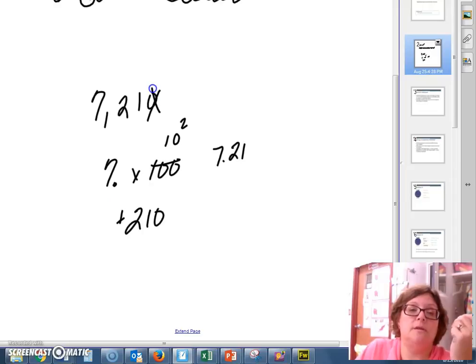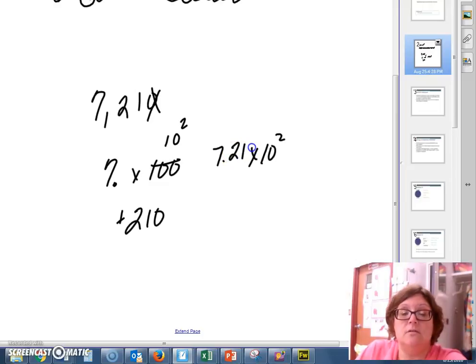And we can drop this because we just learned about significant figures. There's no decimal present, so we drop that. So it'd be 7.21 times 10 to the second.